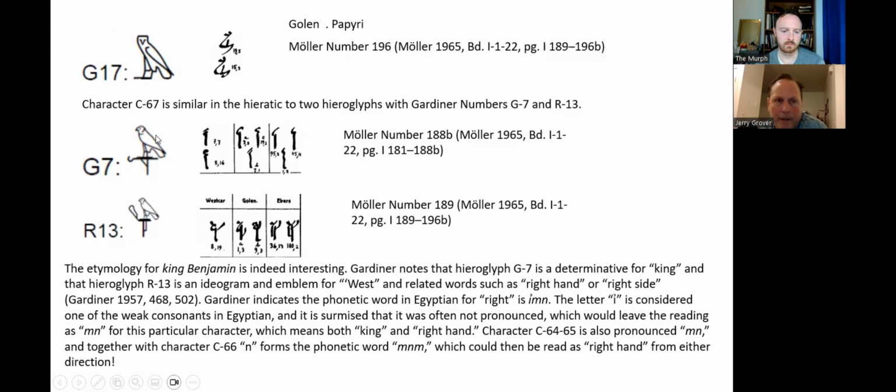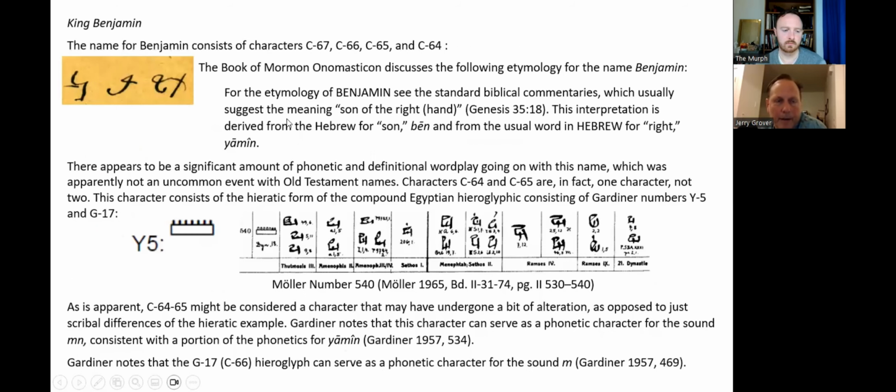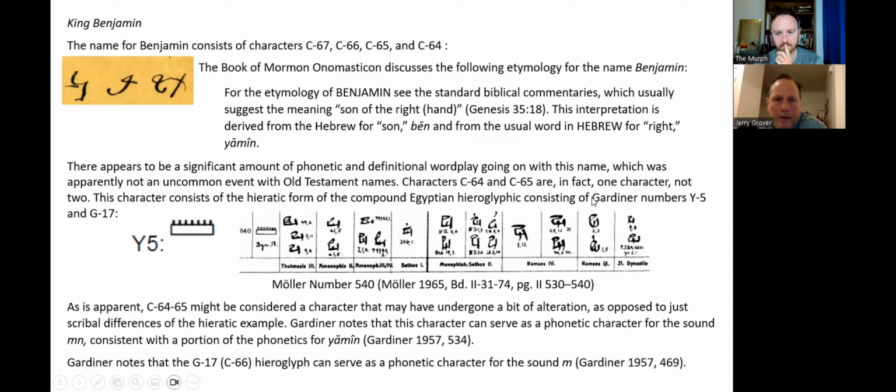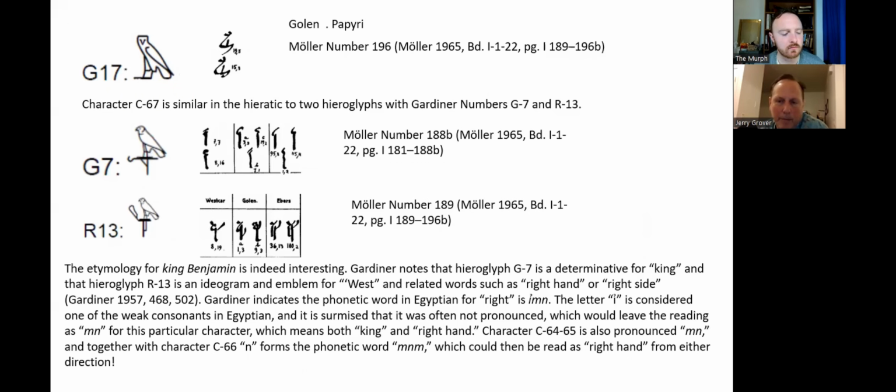The last glyph here does match a version of this to some extent. So it does give you the same meaning, and it also gives you a phonetic meaning that matches this MN, this min, which is the last part of King Benjamin's name.